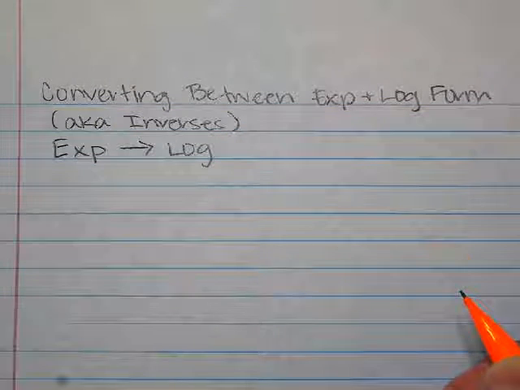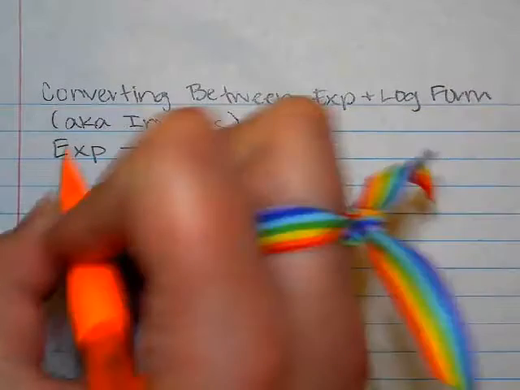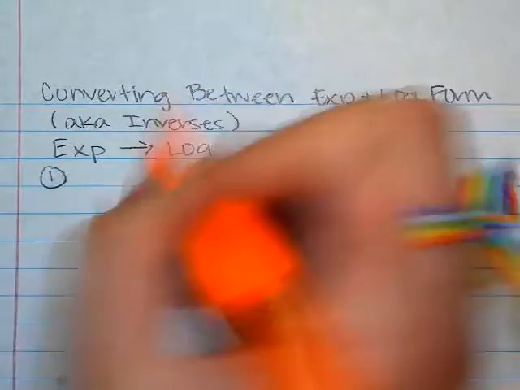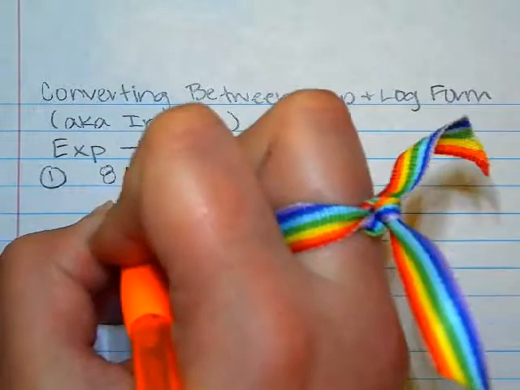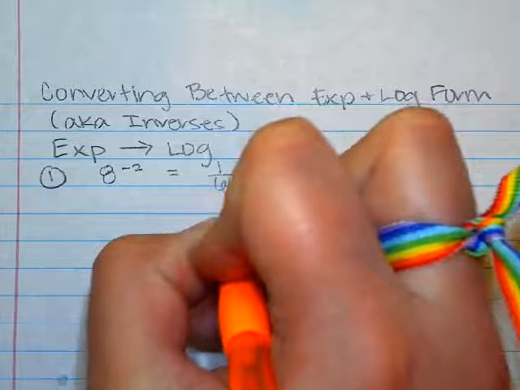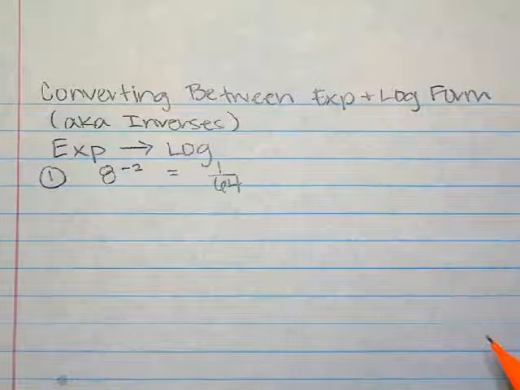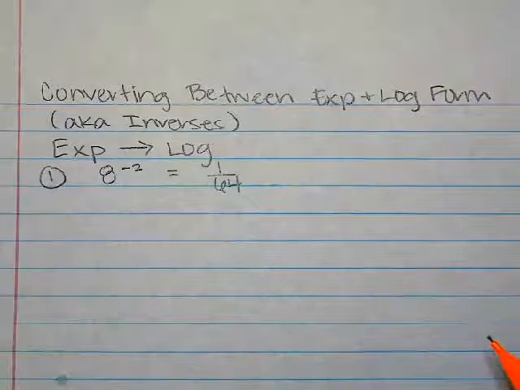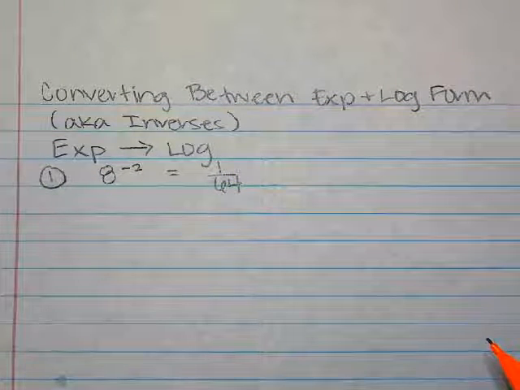So first example, we have 8 to the negative second power is 1 over 64th. That's just true, right? 8 to the negative second is 1 over 64. If you were to plug that in a calculator, that would just be true, okay?